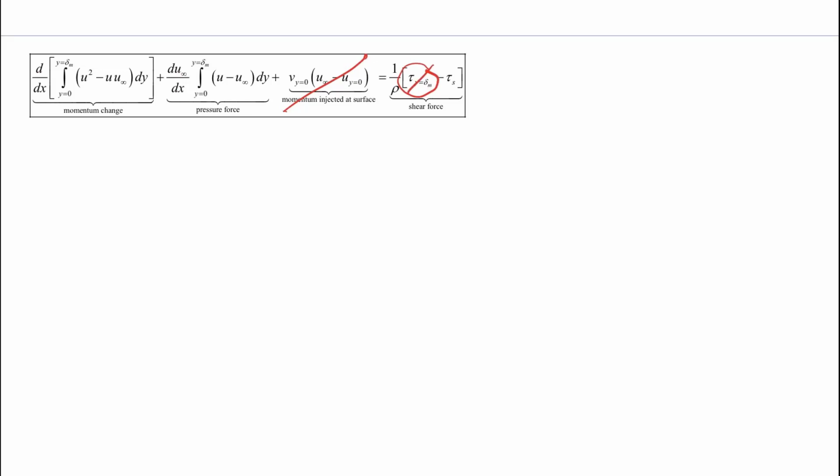So then we end up with the following equation. The simplified version of this that we're actually going to use is d dx of the integral from 0 to delta m of u squared minus u times u infinity dy, which is equal to what's left on the right-hand side, just minus tau s over rho.